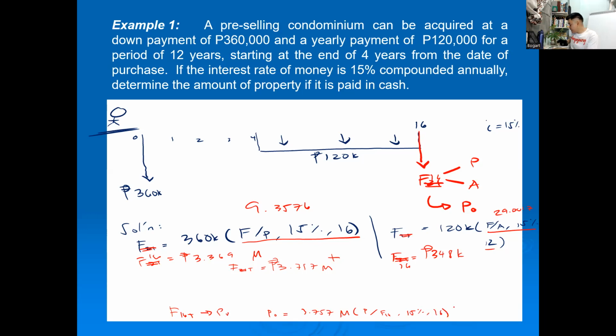Finding P given F for 16 years, that will be 0.1069. The product will be 3.757 million multiplied by 0.1069. That will be 401. So, approximately, sabihin na natin 400. So, ito yung tama.